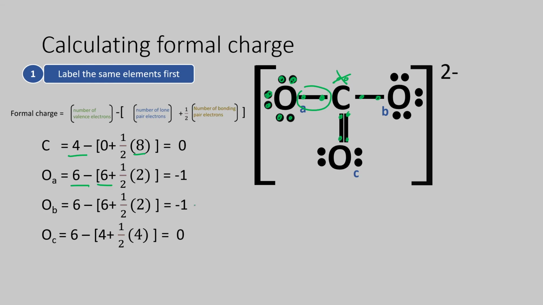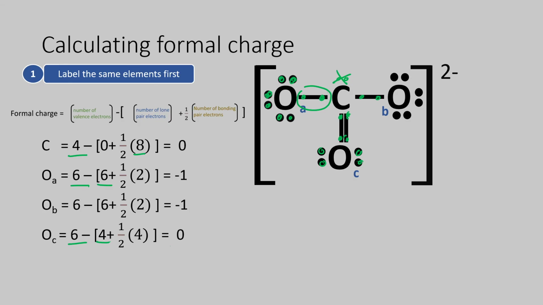And now the only difference is C. Okay? Why does C get zero? Because the valence electron is still the same. But for lone pairs, now it only has 4. So 1, 2, 3, 4. And plus half of the bonding pairs. So we have 4 bonding electrons. So 1, 2, 3, 4. So now you get 0. Okay.